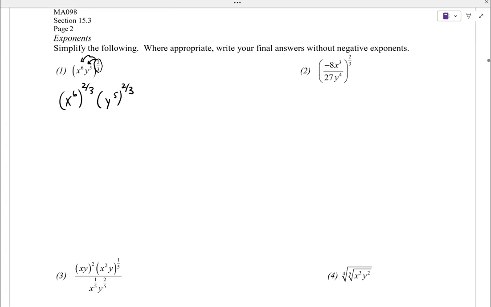You multiply them, right? So when we do 6 times 2/3, well, the 3 would cancel into the 6 2 times, so you would get x to the 4th. Not a lot of canceling we can do with this one. We just have y to the 10 over 3. And this one's not asking you to rewrite it in radical notation. This is just leave it.